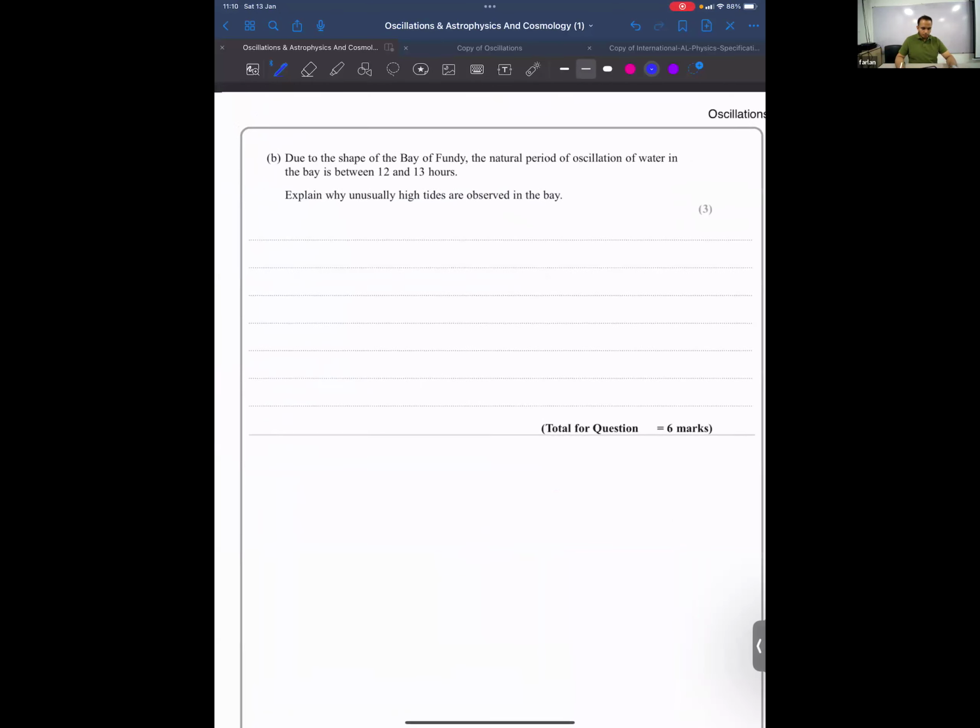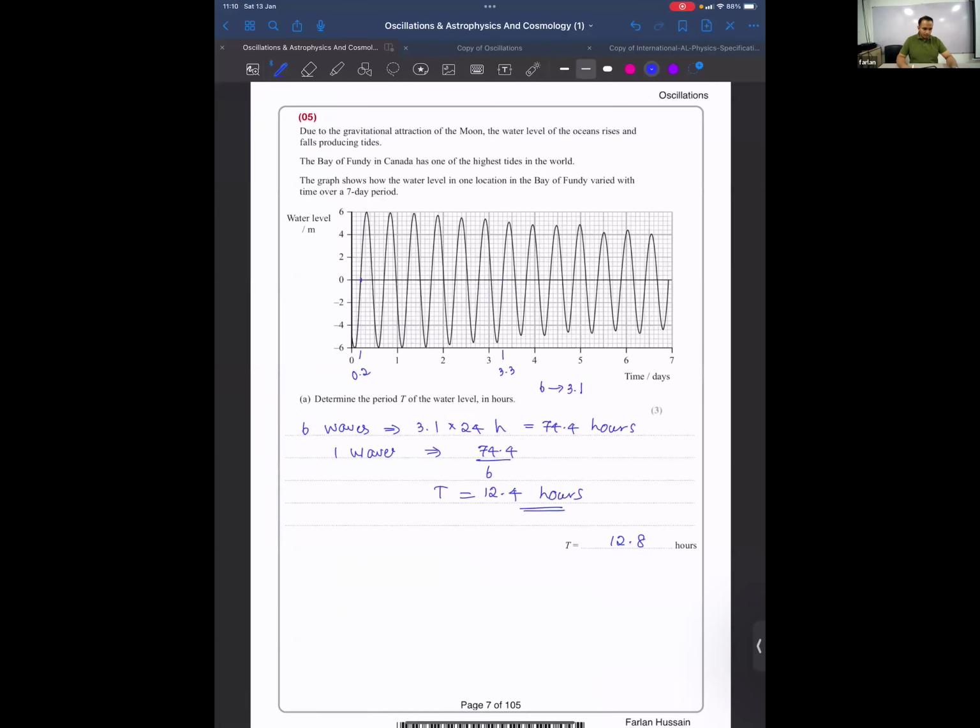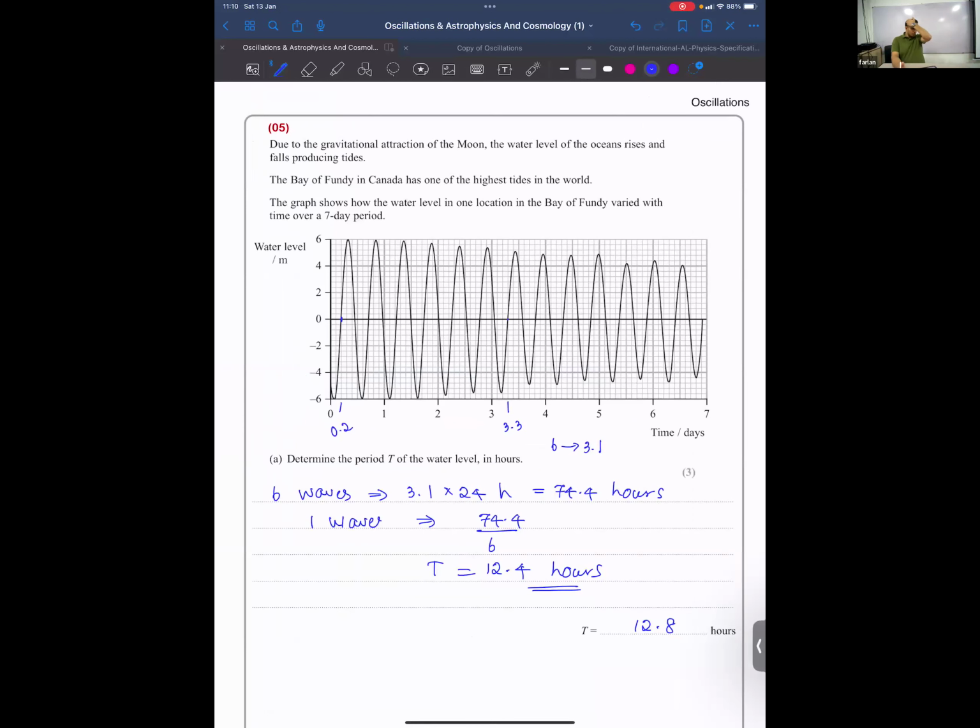Now the question is, due to the gravitational attraction of the moon, the water level of the ocean rises and falls, producing tides. The Bay of Fundy in Canada has one of the highest tides in the world.